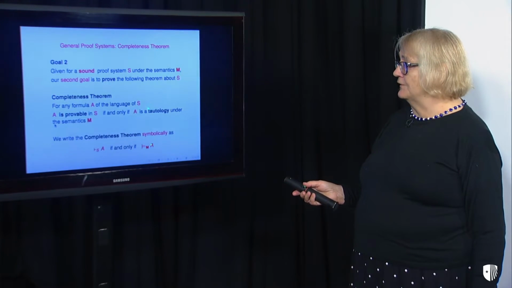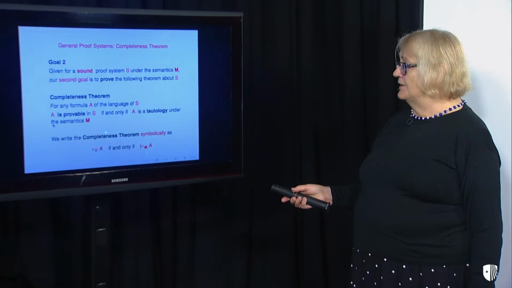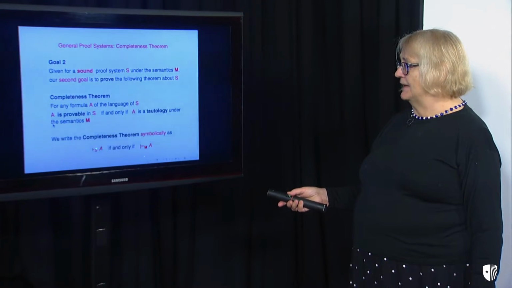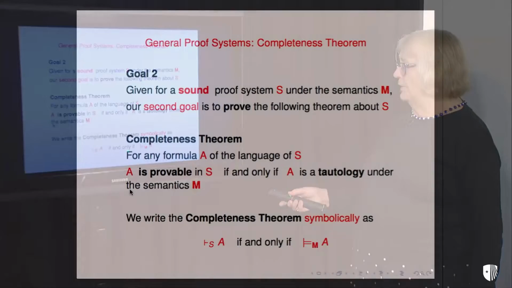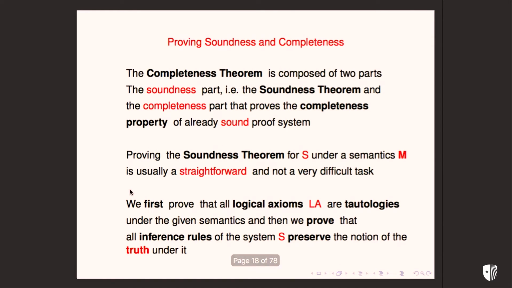For any formula A of the language, we say that A is provable in S if and only if A is a tautology. Symbolically, A has a proof in the system S, and the completeness theorem says that A has a proof if and only if A is a tautology of the semantics M. The completeness theorem is composed of two parts.